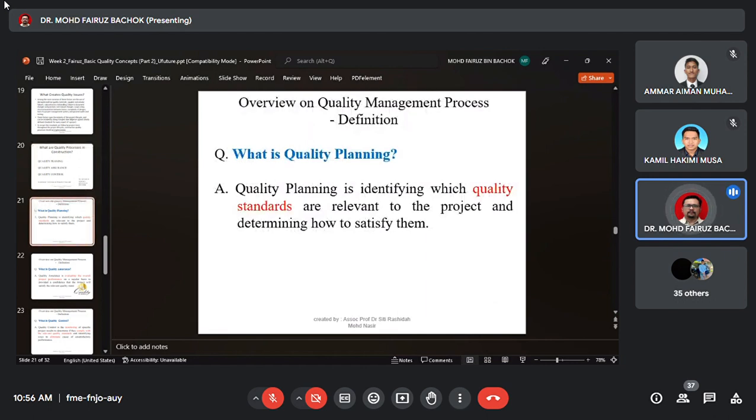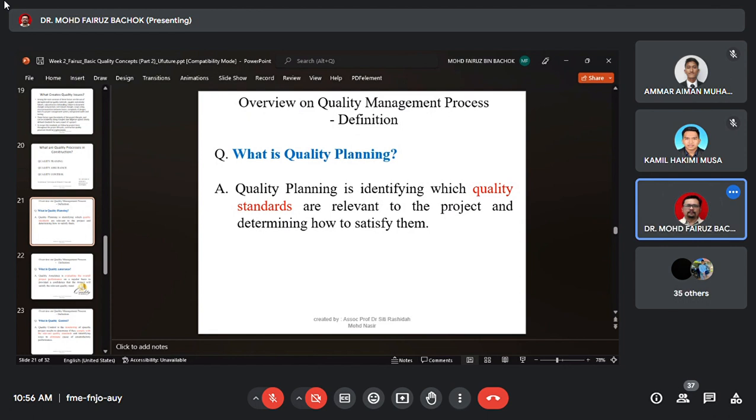Quality planning is identifying which quality standards are relevant to the project and determining how to specify them. Once you, as a contractor, receive a construction document, you look at all the standards and all the specifications that need to be met, and you plan how to achieve or meet all the certification in the document.